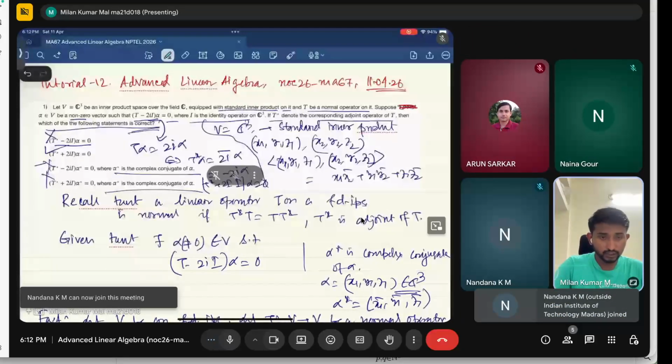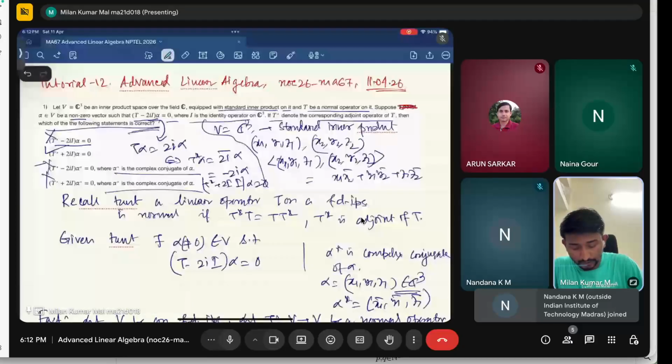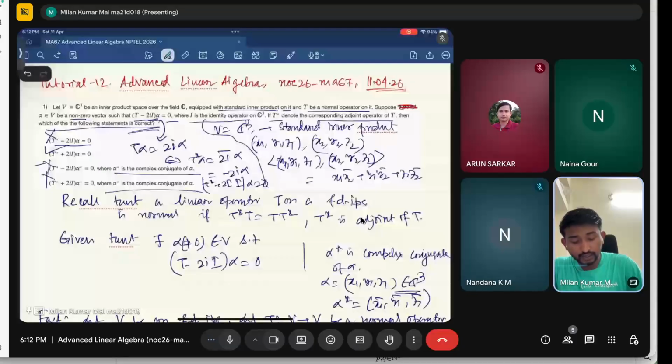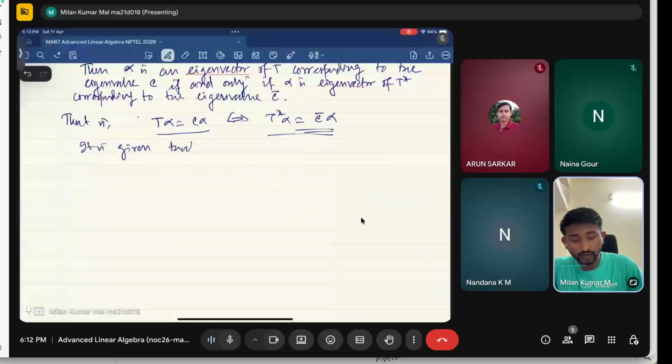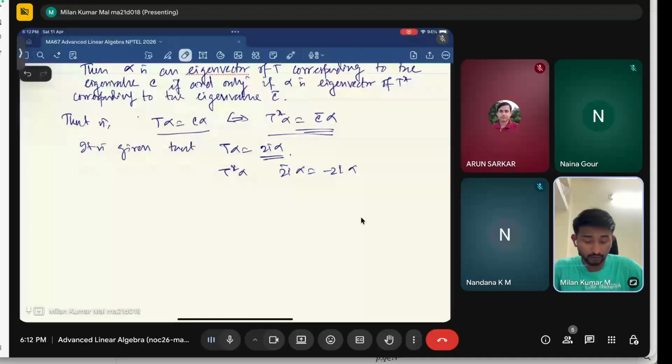According to this theorem, if it is given that T alpha is equal to 2i times alpha, then T star alpha is equal to 2i bar alpha, which I have written as minus 2i alpha, right? So this is the first option. The second option is the correct option, and all the other options are incorrect.